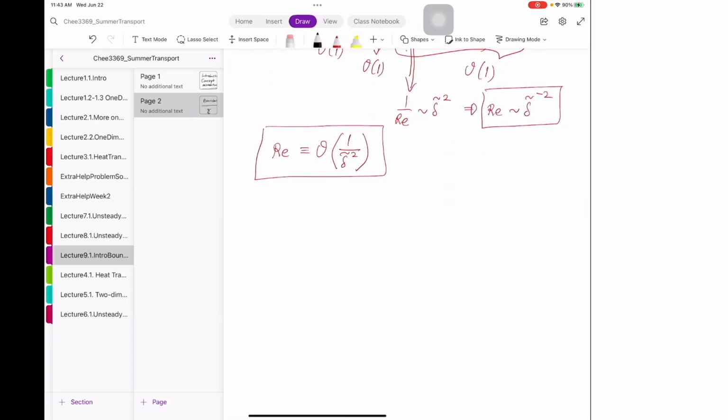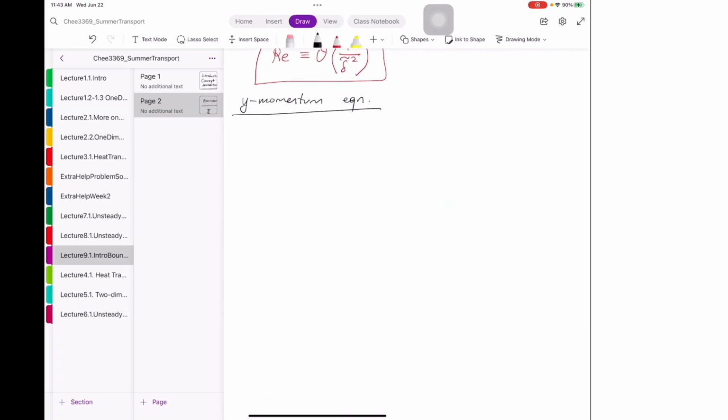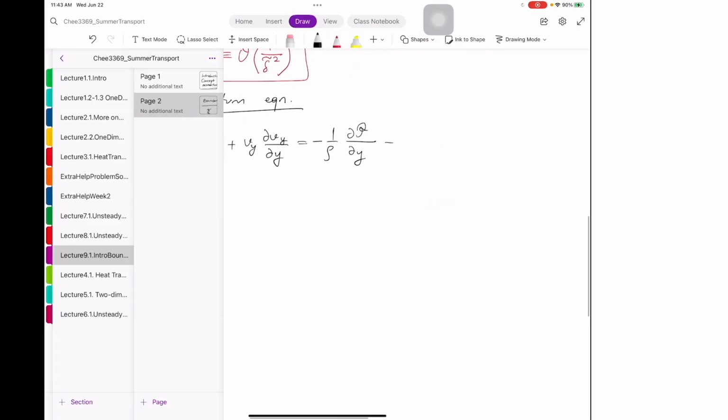Similarly, from the y momentum equation, we have Vx del Vy over del x plus Vy del Vy over del y is equal to -1 over rho del p over del y plus nu times del squared Vy over del x squared plus del squared Vy over del y squared.